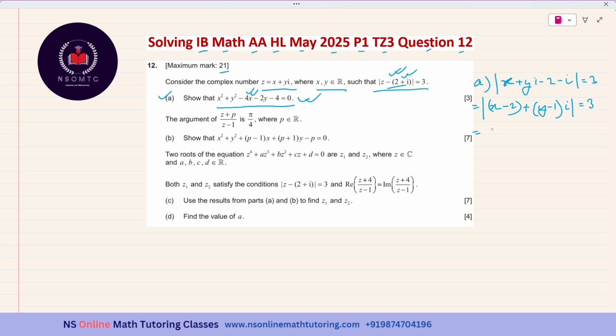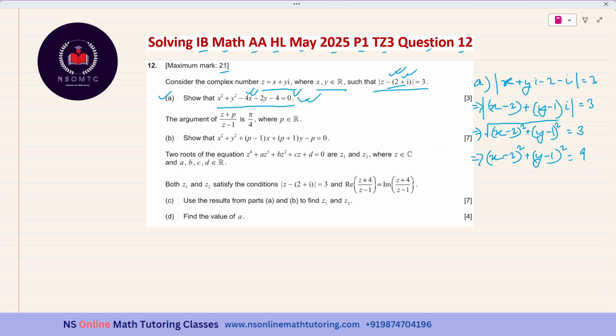So, therefore, it should be x minus 2 whole squared plus y minus 1 whole squared, and the square root of this should be equal to 3. And if we square both the sides, because I want to get rid of the square root, I get x minus 2 whole squared plus y minus 1 whole squared is equal to 9.